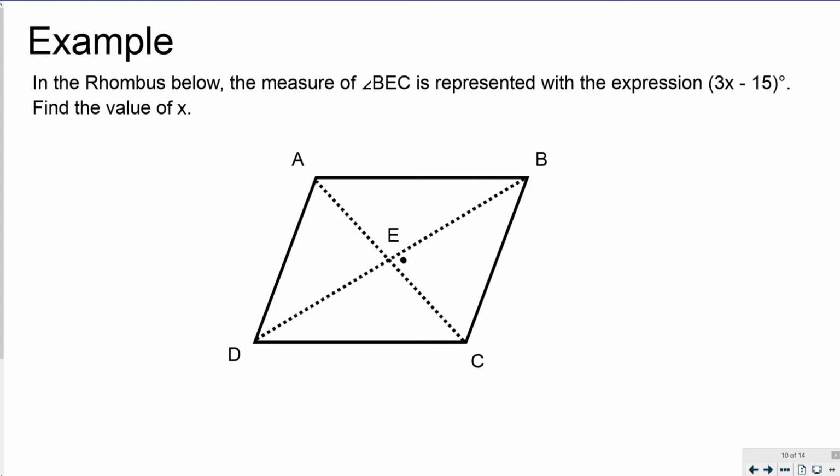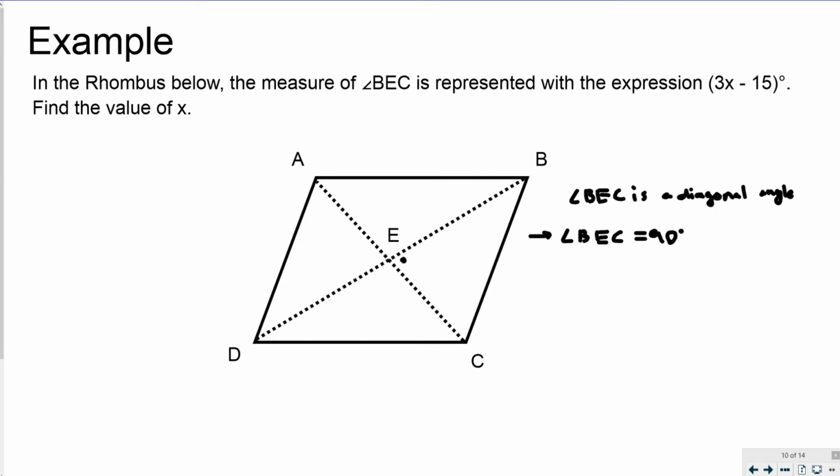Okay, so they're telling me that that angle is represented with an expression, but angle BEC is a diagonal angle. Since it's a diagonal angle, I know that angle BEC equals 90 degrees.